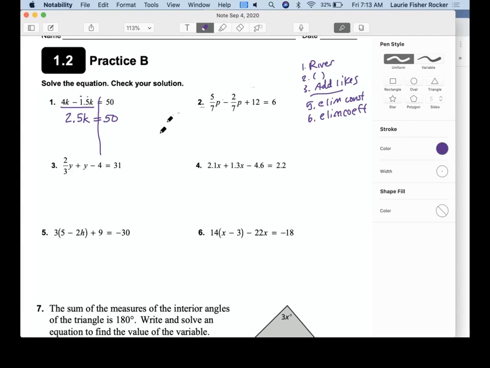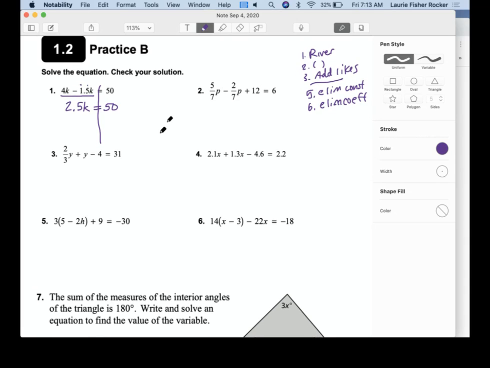Okay, so now all we simply have to do is, we don't have to eliminate the constant because there's nothing being added on that side, but what we can do is eliminate the coefficient by simply dividing by 2.5. And the little trick that I learned in 7th grade, you're going to move the decimal over, but up here you have to move it over, so we really have 500 divided by 25.